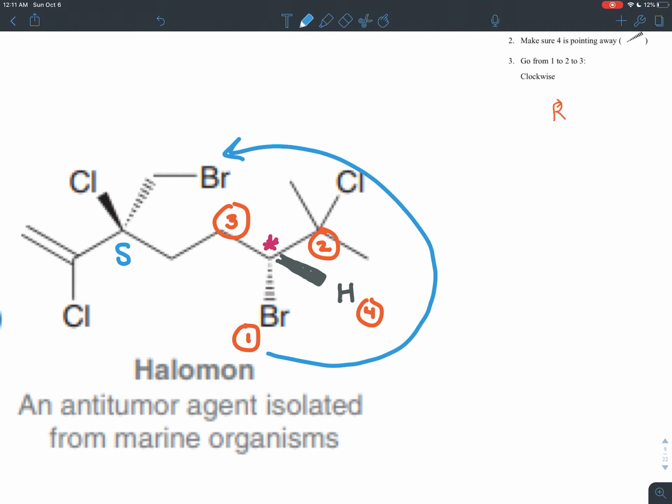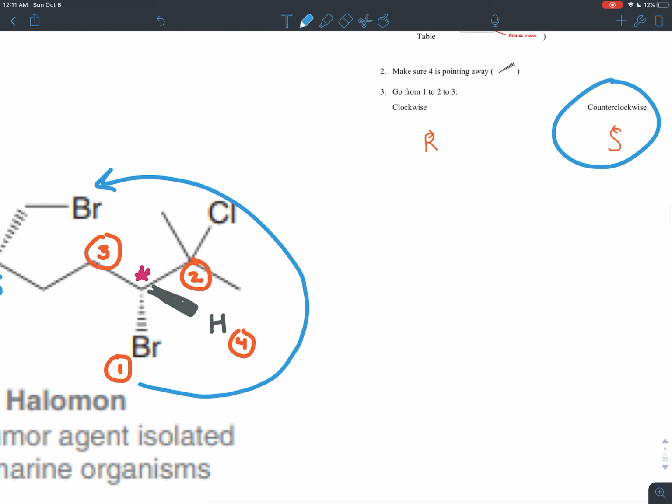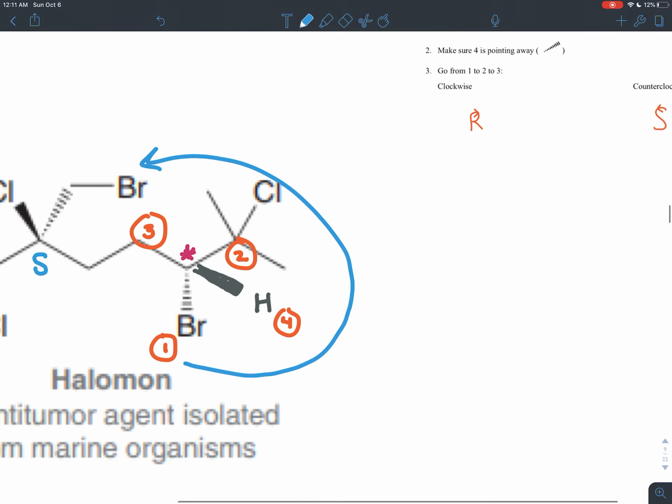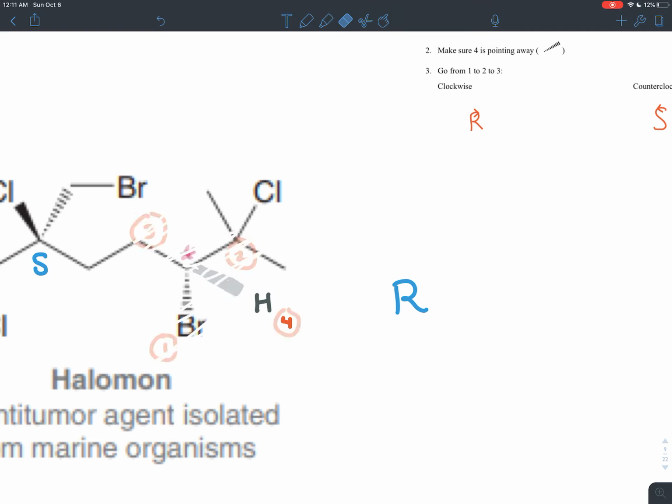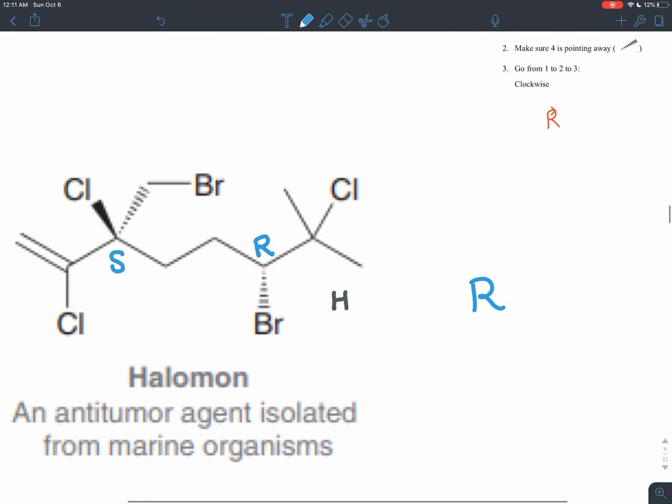You would think that the configuration here would be S because it's counterclockwise. But because 4 is coming out at you, you switch it. So instead of S, the configuration for that will be R. And the only reason you're switching it is because 4 is coming out at you. So the configuration for this chiral center here, the handedness, is R. This is the right-hand version of itself.